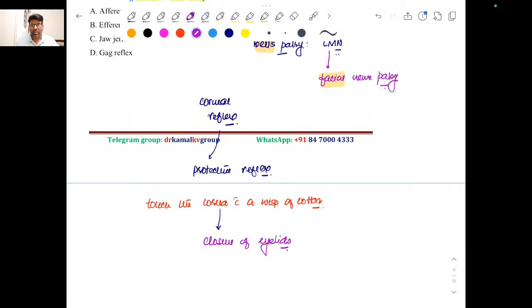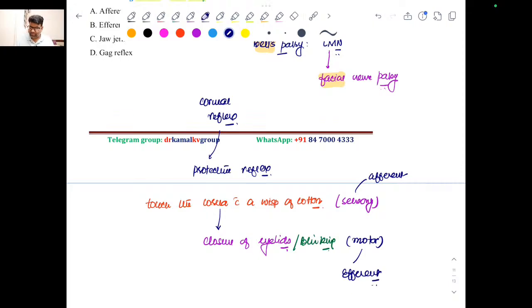So this is a protective reflex, and it makes sure that there is no injury to the cornea. If anything touches the cornea, there is simultaneously blinking. So this is the sensory component and this one is the motor component. Sensory is afferent and motor is efferent.